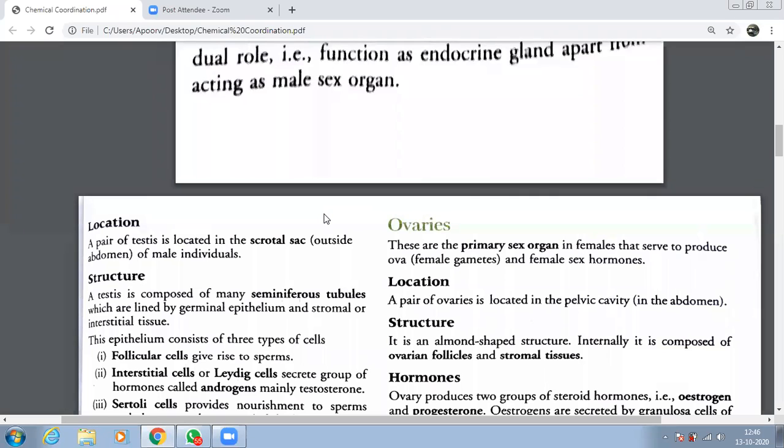Second is puberty. Third, it stimulates spermatogenesis. Fourth is formation of masculine body. Fifth, it has anabolic effect. Very good. Next.